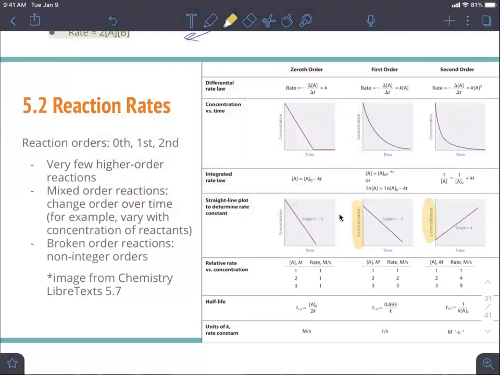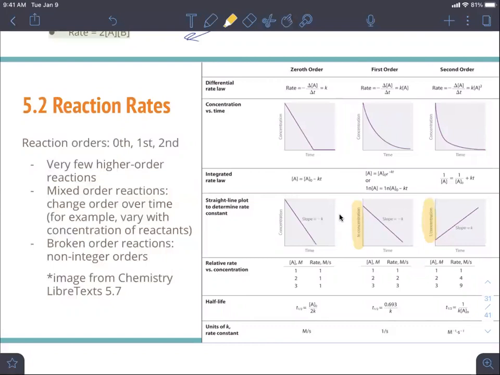You might actually get these graphs on the MCAT, so know the difference between them. All you need to be able to recognize is that natural log means first order and reciprocal means second order. And if there's none of those things, it's 0th order.